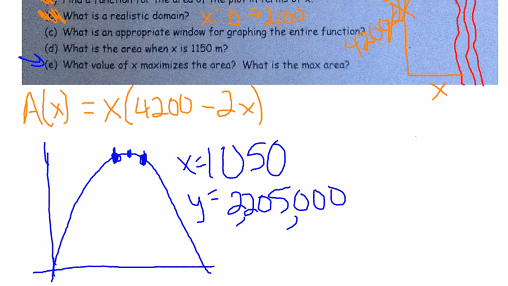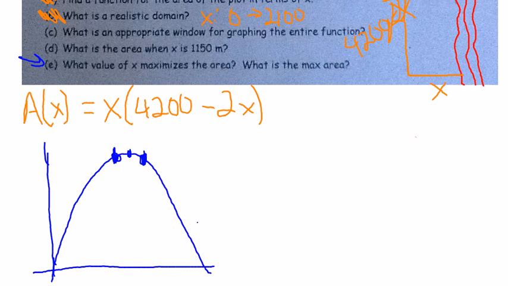Actually, hold on. So D asks for what is the area when x is 1150. So this is actually really easy when I have the calculator with me. So I'm going to go to my table. You can either do this in your table or you can do it on the graph.